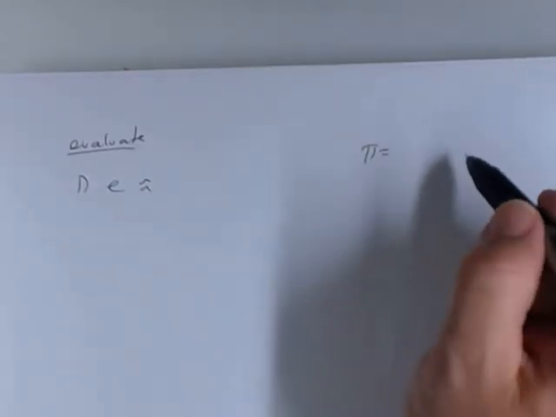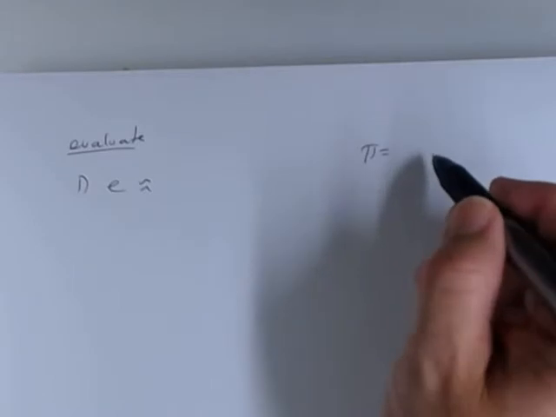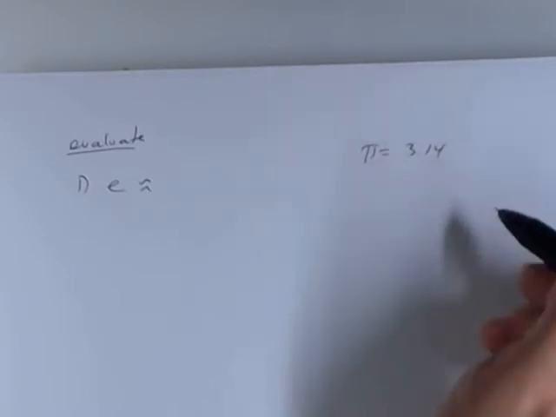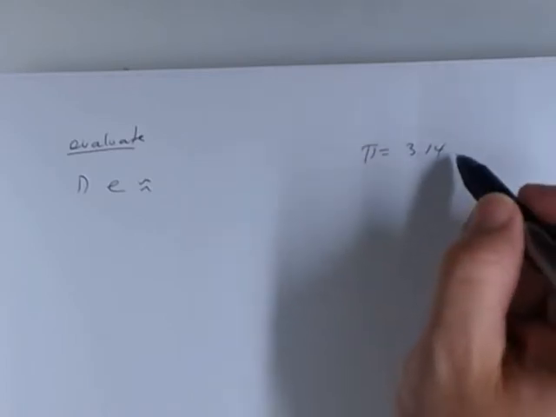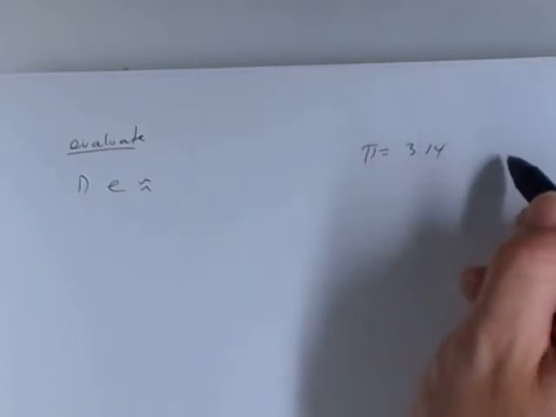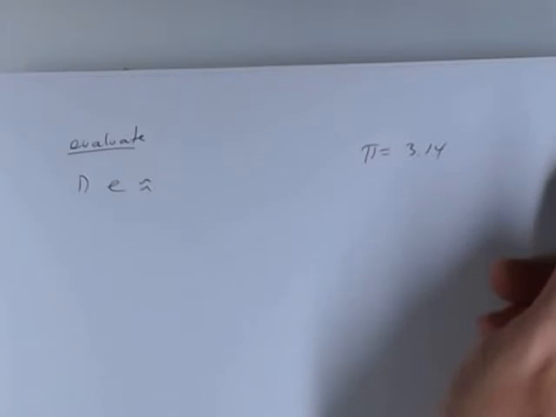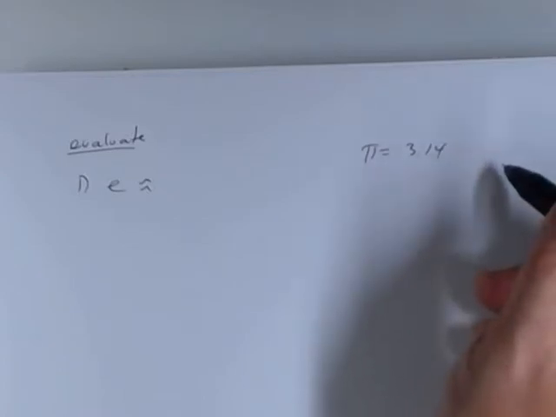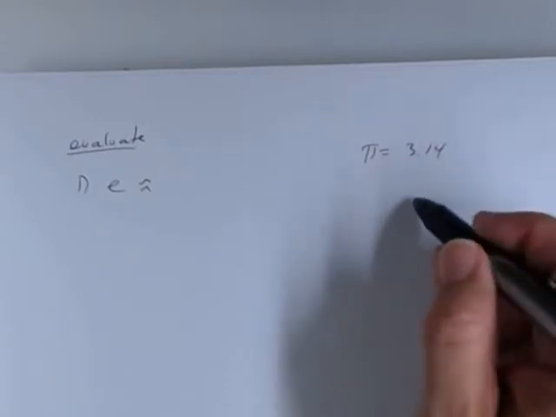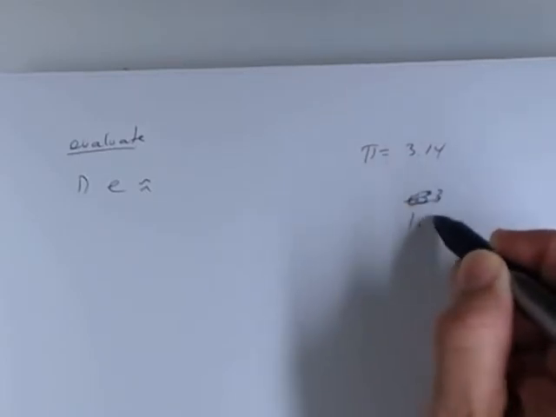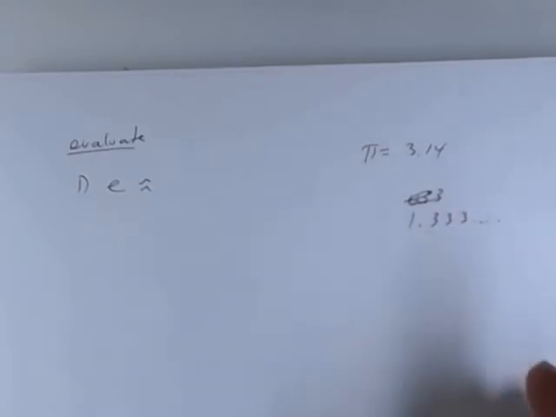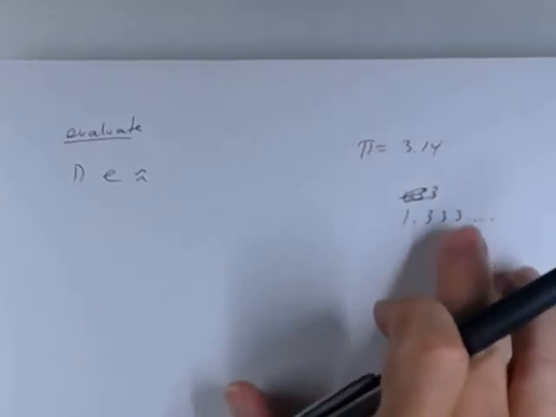Remember pi, we approximate pi to 3.14. Remember that? But pi itself is an irrational number because these digits keep on going, they never repeat, there's no repetition at all. So that's why it's called an irrational number. A decimal like 1.333 repeating, is that rational or irrational?